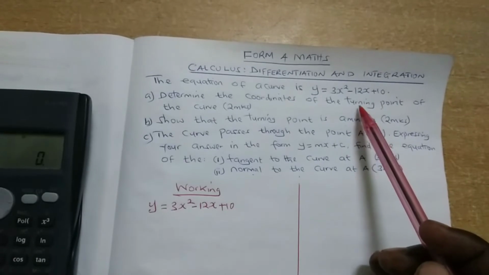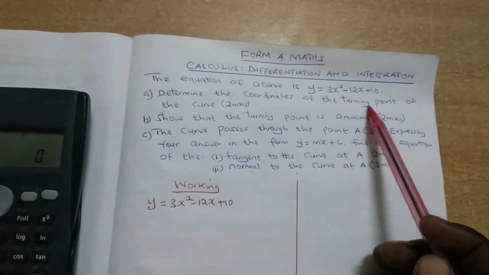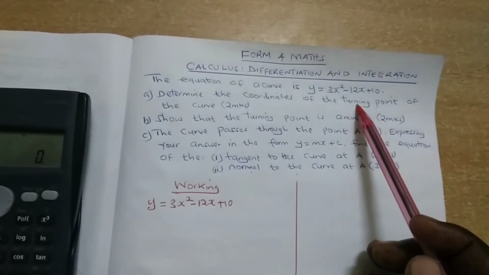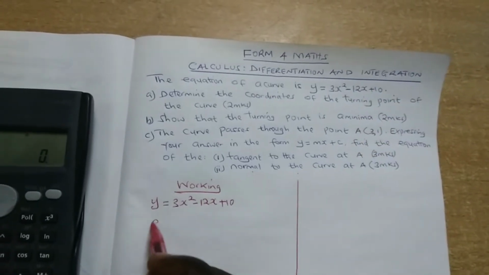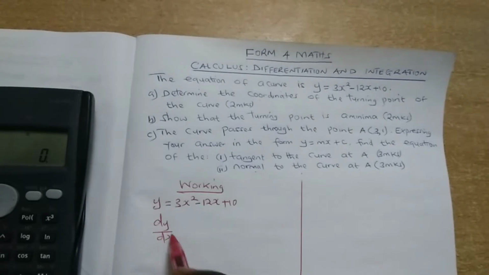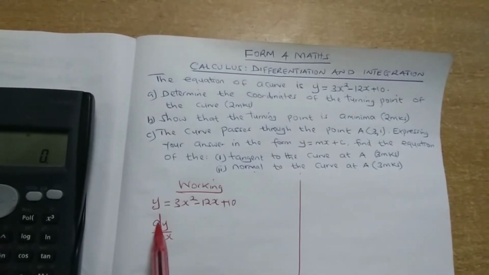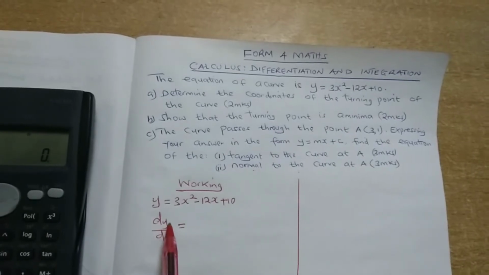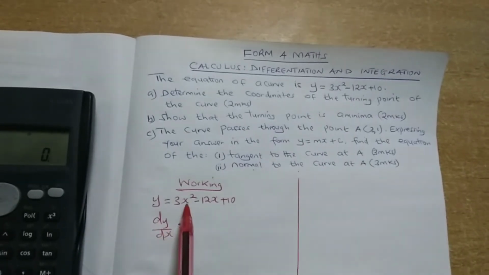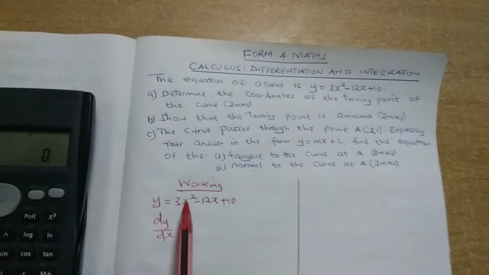One thing a student should know is that at the turning point of a curve, the gradient function of that curve is 0. Therefore, we get dy over dx, which is the gradient function of the given curve.